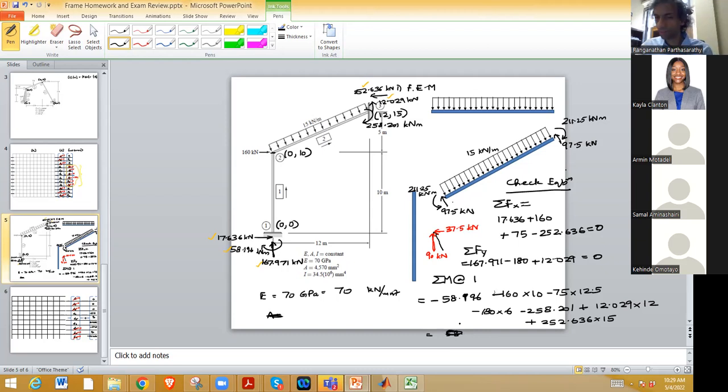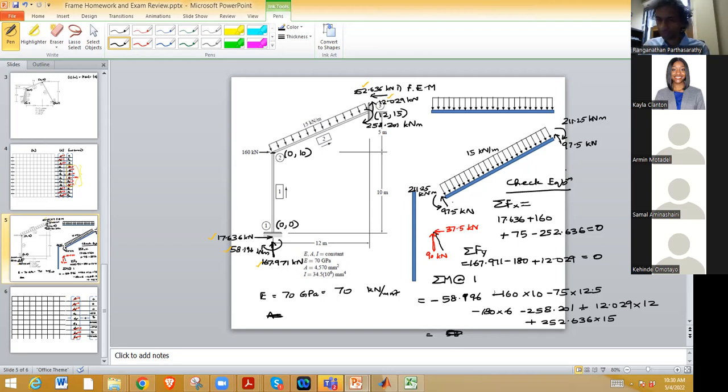Okay, let's just do it on the calculator. Negative 58.196, negative 160 times 10, negative 75 times 12.5, negative 180 times 6, negative 258.201, positive 12.029 times 12, positive 252.636 times 15, 0.